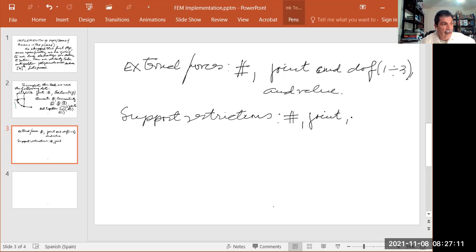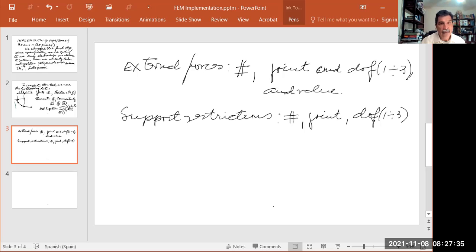We need to know the degree of freedom. Again, 1, 2, 3. For example, you could have a point where you can move in this direction, but you cannot move in the vertical direction. So you need to specify that. Or, for example, you could have the restriction for the rotation.